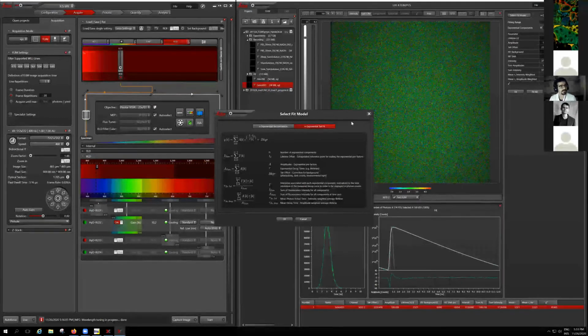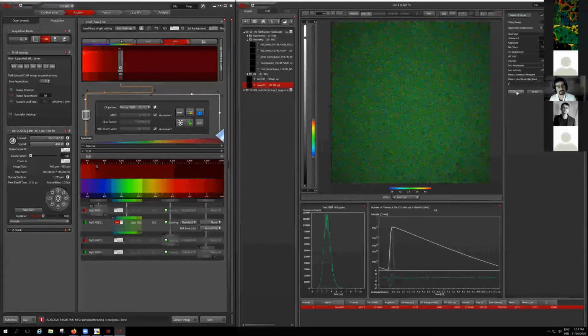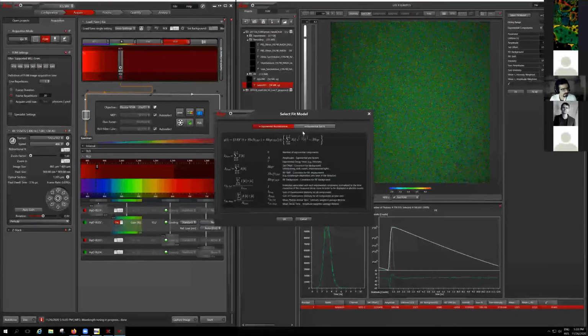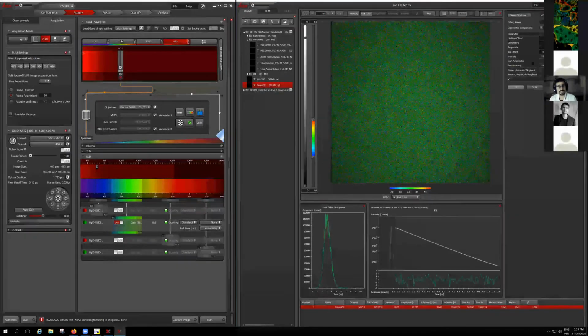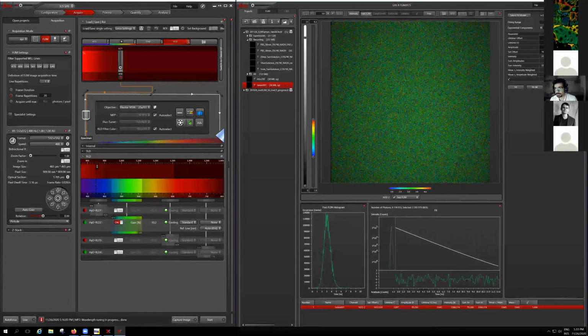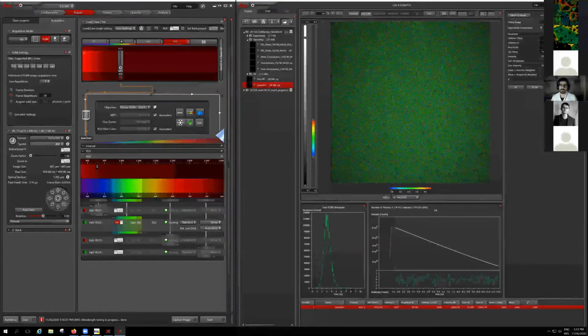If I use the tail fit module for fitting that, okay, and I do the fitting, the result is actually as I was expecting. So 3.64. This is what I have measured several times.